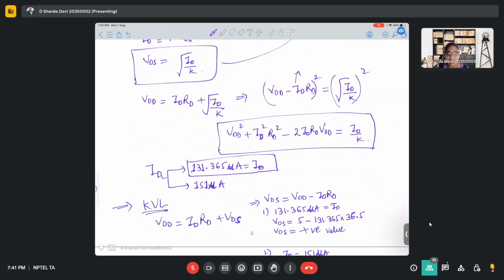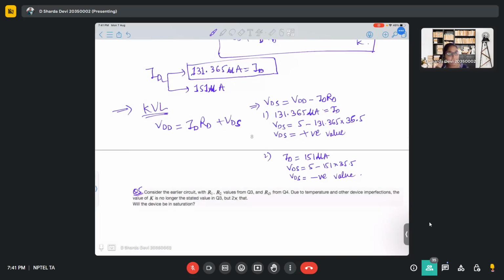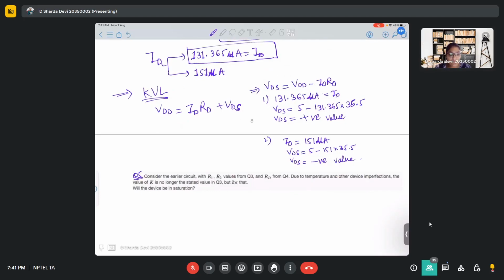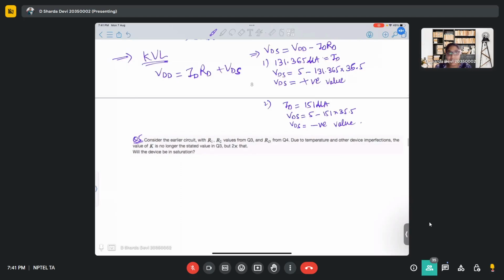Okay. Hope the method is clear, like how we are trying to get one particular solution when we are getting two solutions. Out of two roots, it is very important to figure out, when you're getting multiple roots, which one is actually the correct answer.